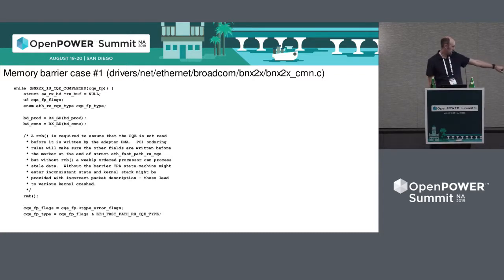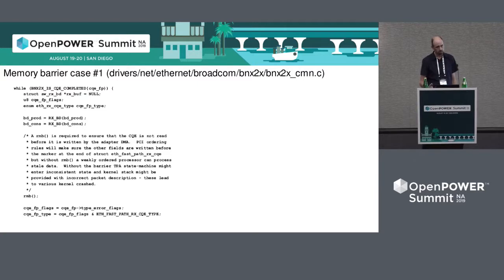What is needed there is this read memory barrier at the bottom, because what that's attempting to order is making sure that the load of the completed bit up there at the top happens prior to starting to check the flags. The issue that we were finding was that the load of the flags at the bottom was happening prior to the load of the completed bit, which was then causing stale or invalid data to be used, and it was confusing the state engine in the driver.